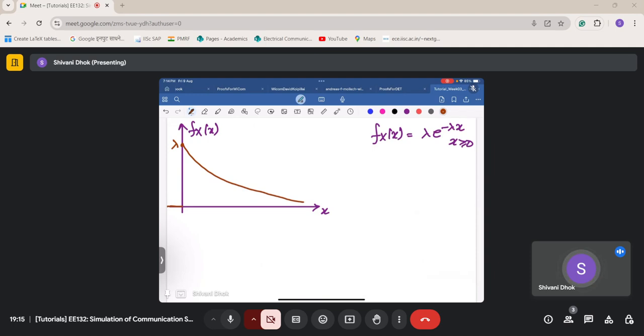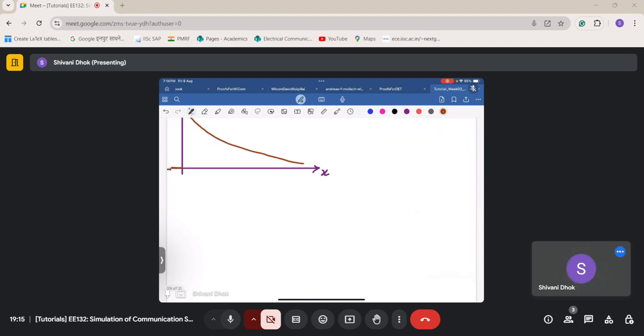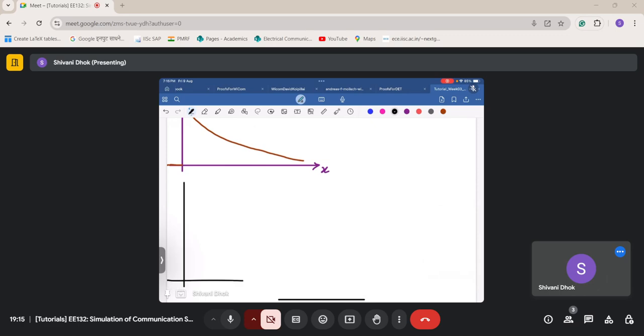So this is known as the exponential random variable, and its CDF FX(x) is 1 minus e power minus lambda x for x greater than or equal to 0.